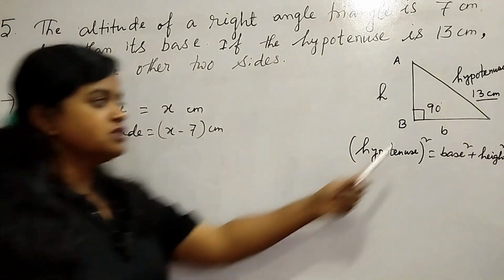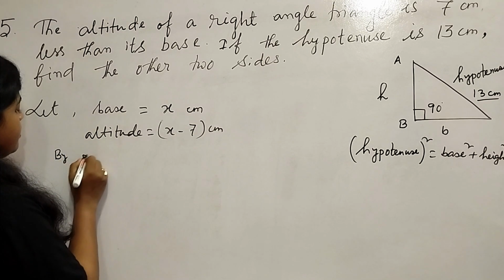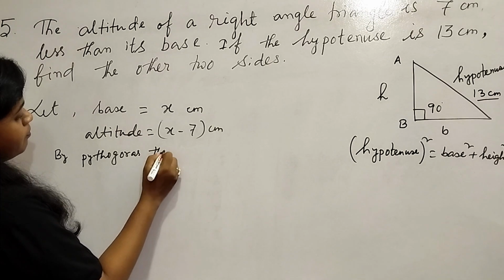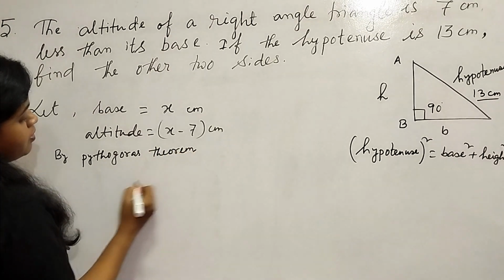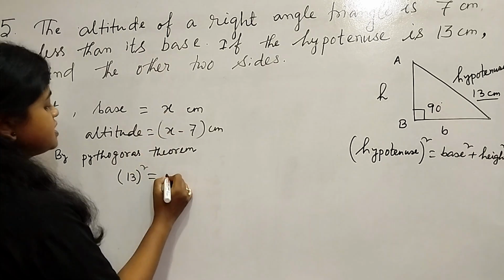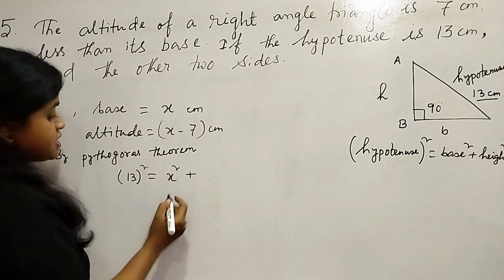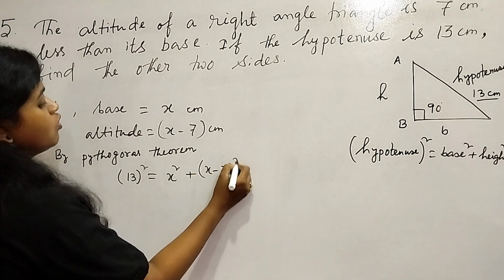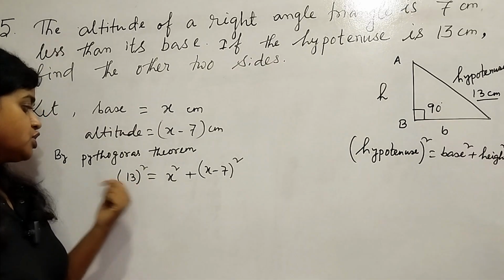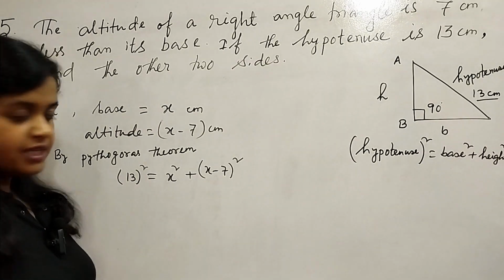So by Pythagoras theorem, hypotenuse square, 13 square, equals base square, x square, plus altitude square, x minus 7 whole square. So this is the equation.